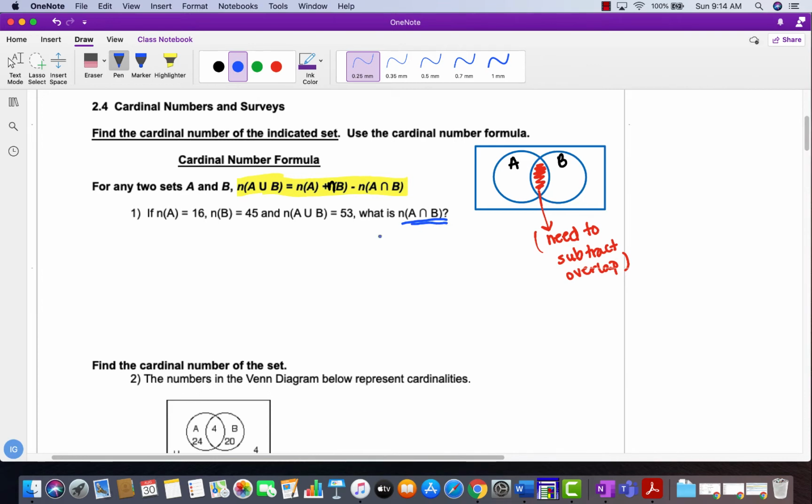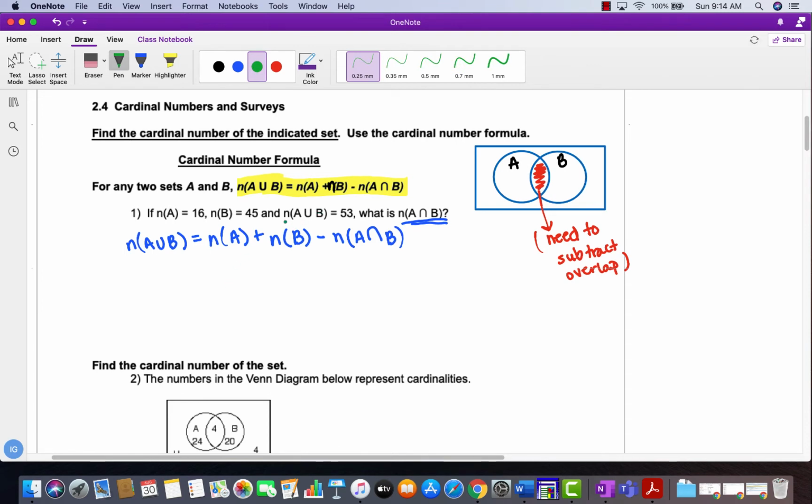All right, so I'm going to start by writing the formula, and I'm literally just copying what's above. Remember, there's an N here. Oops, that's a minus. And what I'm going to do right now is just substitute what I have to see if I can solve for what I'm missing, okay?